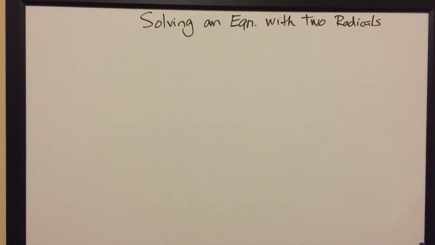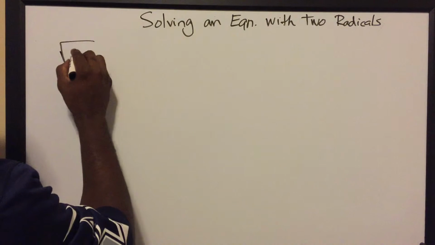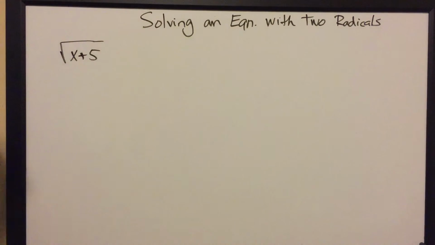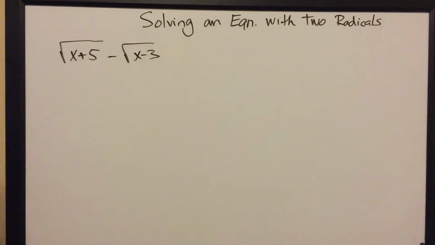All right, so if we're solving an equation with 2 radicals, first, let me just write the equation out so we can have something to reference. So when I start over here, you know that it must be a lot of steps to this problem, right? So square root of x plus 5 minus square root of x minus 3 is equal to 2.